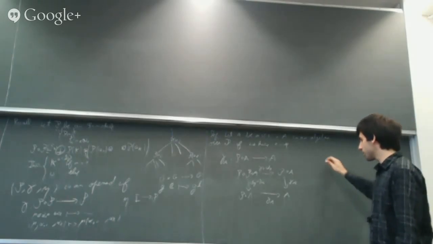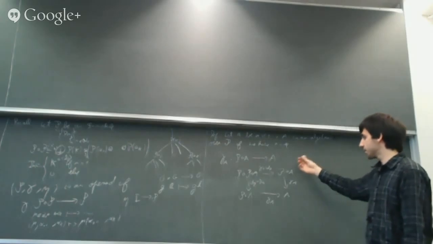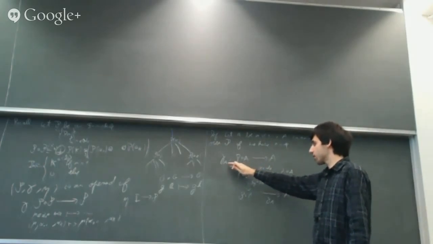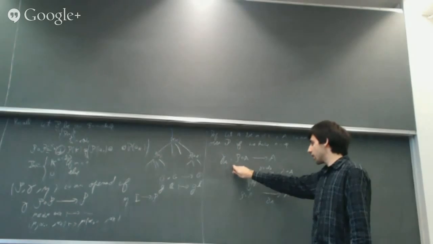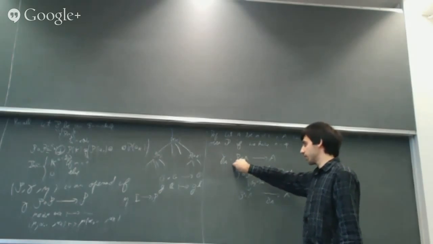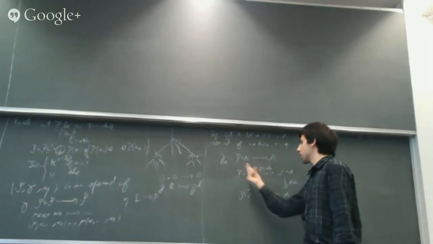As an example, if you have, say, a Lie algebra, this tells you the Lie bracket is something living in P2. It gets two inputs.